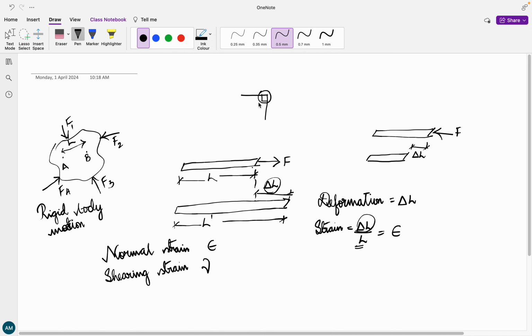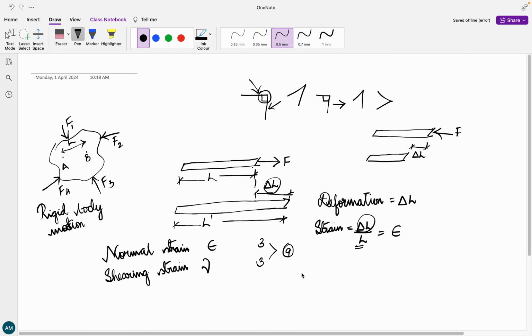If this angle changes after the application of forces, say the body which was like this became like this, it can be in any way, then it is called a shear strain. Similarly, just as we had three components and three coordinate axes for stress, we have three components and three coordinate axes for strain also.